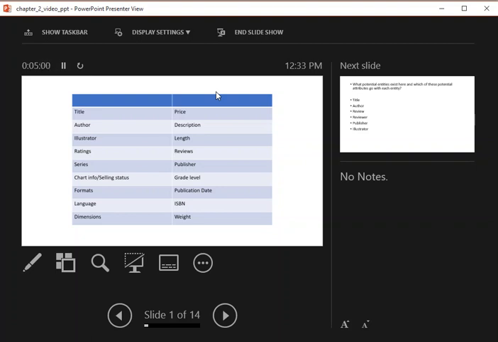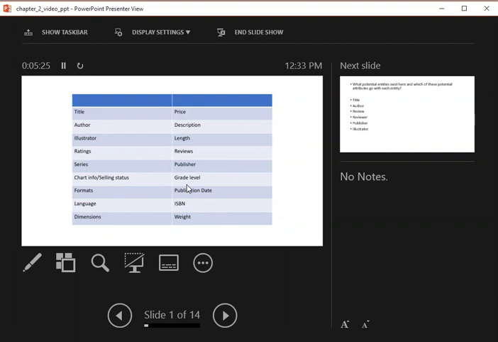And so from that screen of Harry Potter, we can start to look at the attributes that might be describing this book. There was a title, a price, a description, author, illustrator, length, ratings, reviews, series, publisher, chart info, selling status, grade level, publication date, and everything else that was tied specifically to that book.